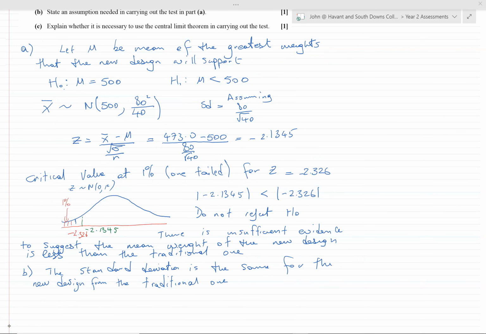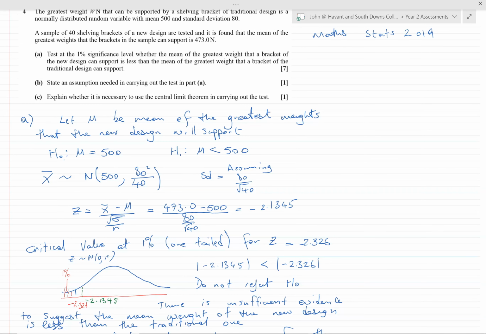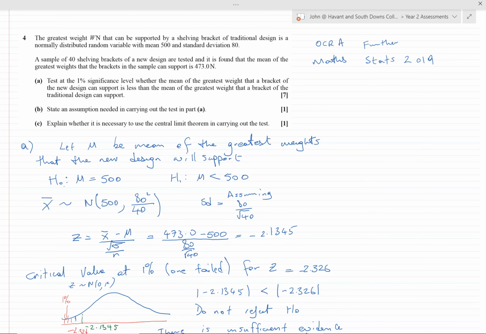Part C is quite an interesting one, really. People have come up with different answers and still got correct marks. I suspect the examiner had something in mind when they wrote this. My feeling was that we're talking about two different designs, two different populations, and it hasn't explicitly said that the population of the new design is normally distributed.